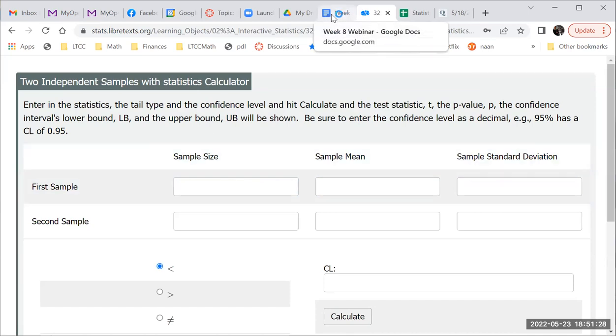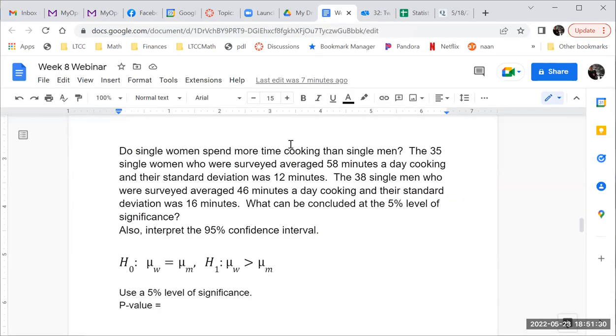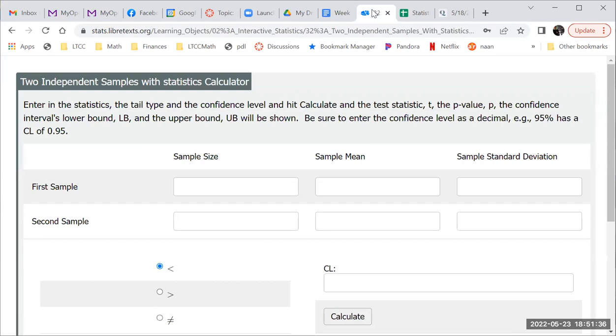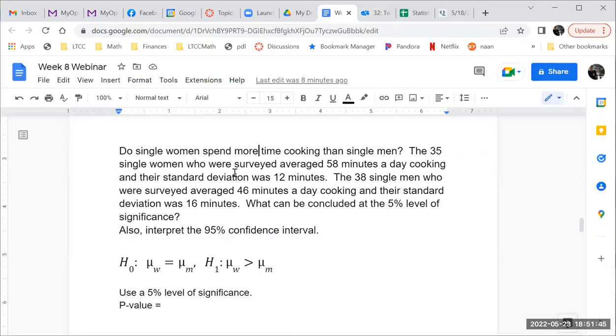The sample sizes were 35 and 38. The means were 58 and 46.